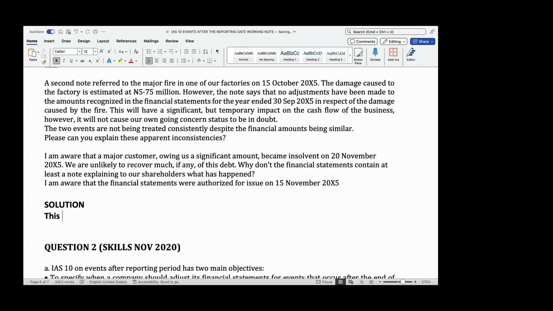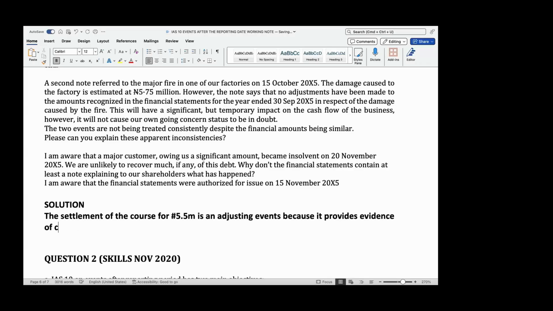So the settlement of the court case of 5.5 million is an adjusting event because it provides evidence of conditions that exist at the end.